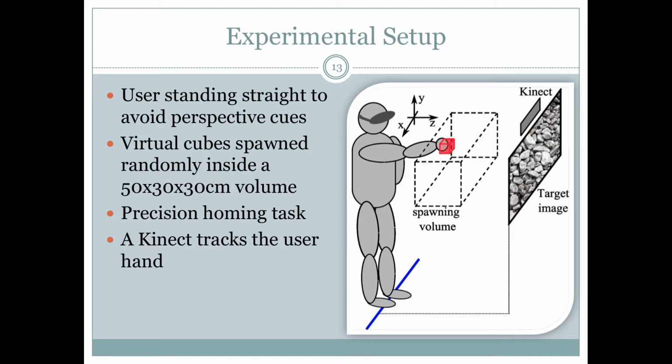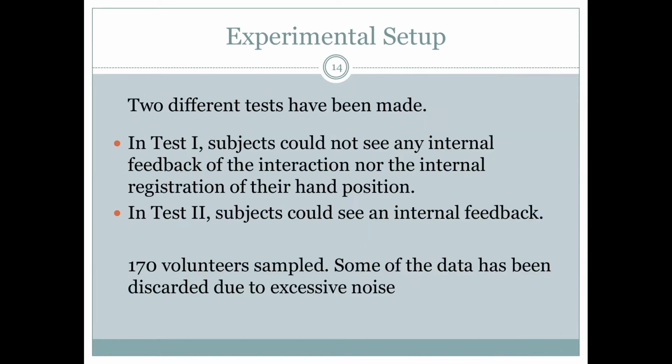The users had to perform a precision homing task, so they had to try to reach for the cubes in the place that they thought the cubes were actually appearing. While they were doing that task, we were registering the position of the hand and the real position of where we were placing the cubes.